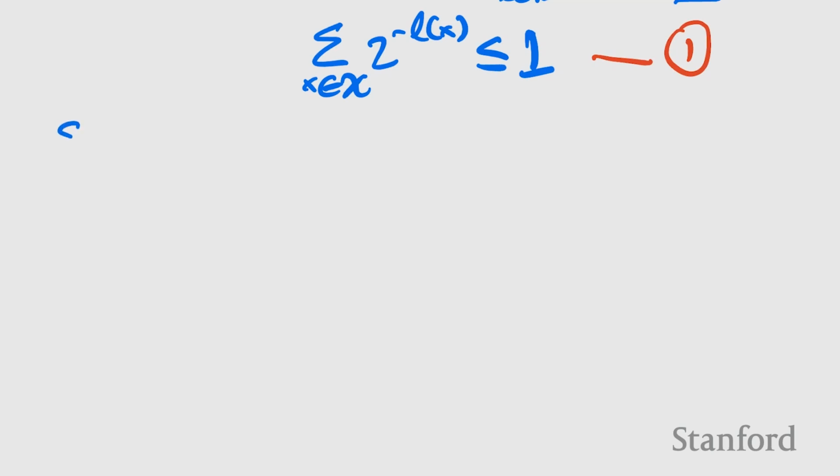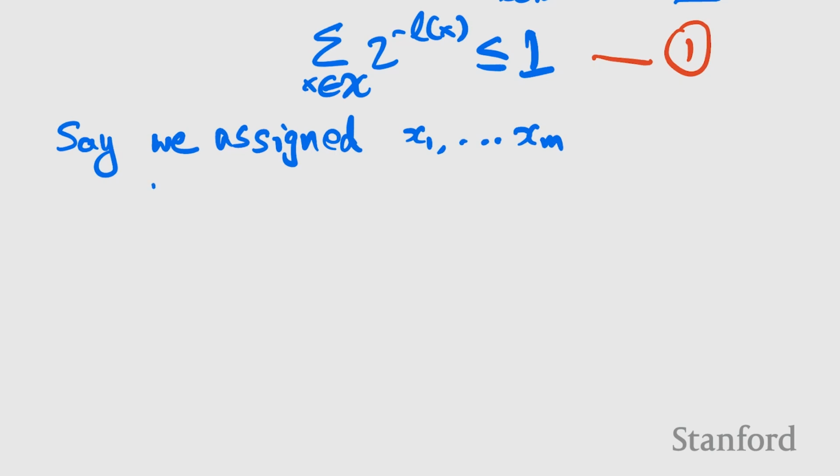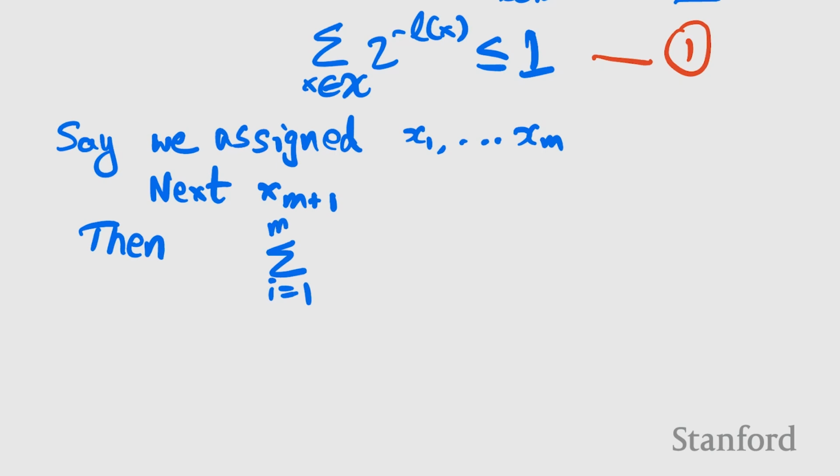Okay, so say we assigned, so this is an inductive proof. So you say that you have already done m steps and now you will prove that the m plus 1th step is possible. So we assigned x1 to xm. So next is xm plus 1. So then we already saw above that the sum of all the probabilities is less than or equal to 1.